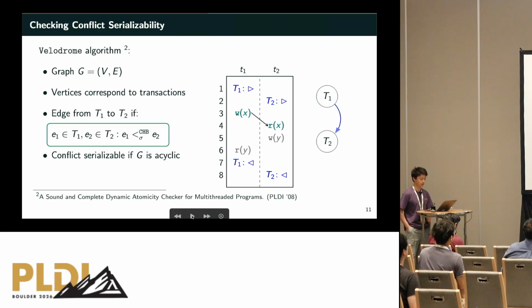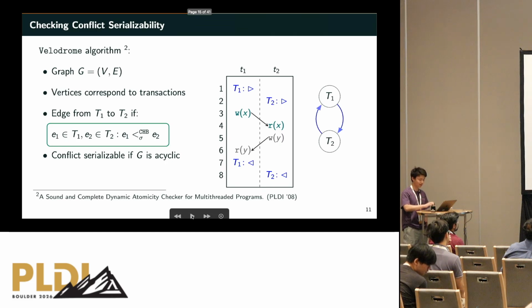In this example, E3 conflict-happens-before E4, so we draw an edge from transaction T1 to transaction T2. Similarly, because of the events E5 and E6, we draw a THB edge from T2 to T1. If there is a cycle in this conflict graph, then we say that this trace is not conflict serializable.